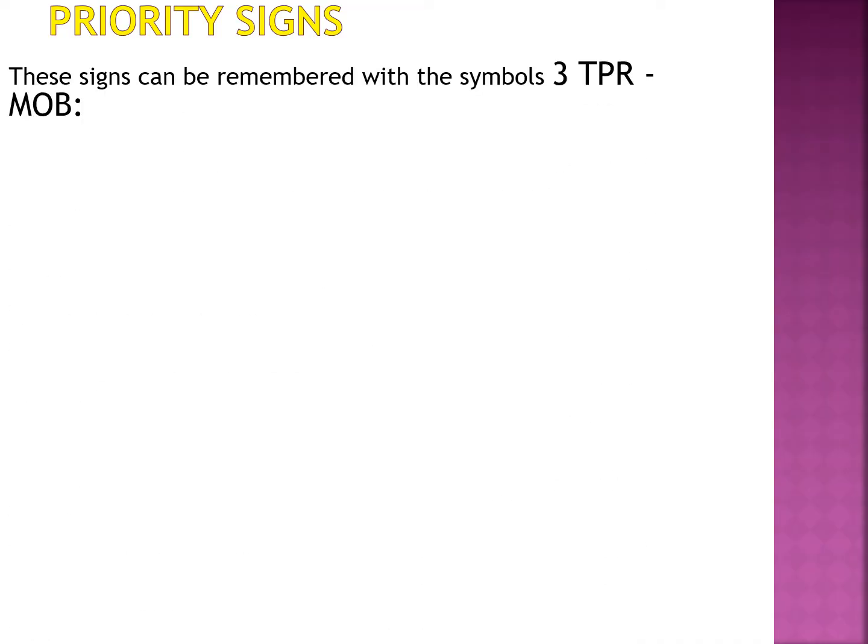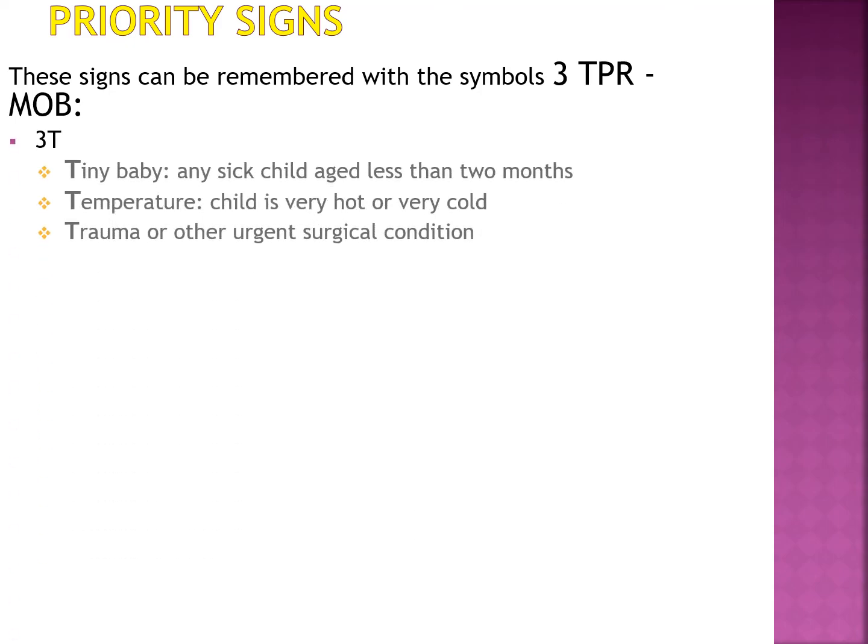The next step is, if there are no emergency signs, check for priority signs. These signs can be remembered with the mnemonic 3TPR MOB. 3T stands for tiny baby, those less than 2 months, temperature, and trauma.